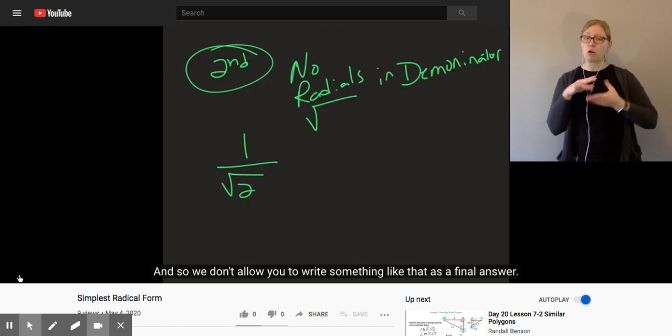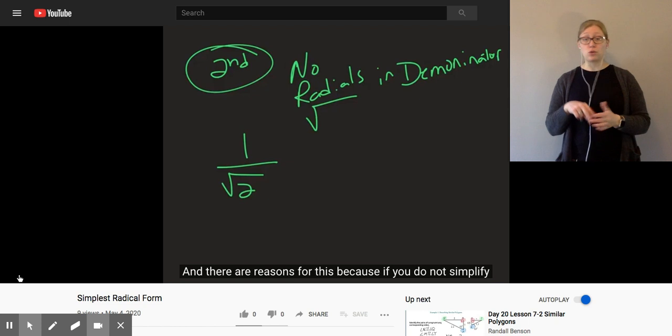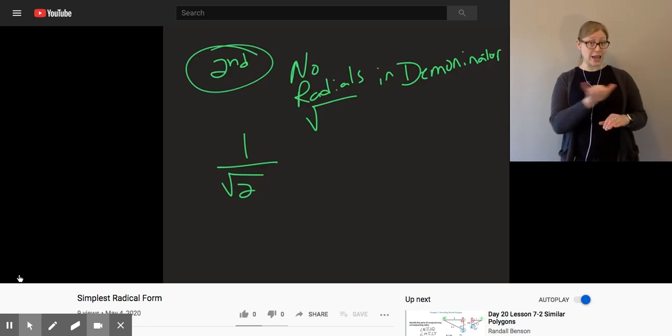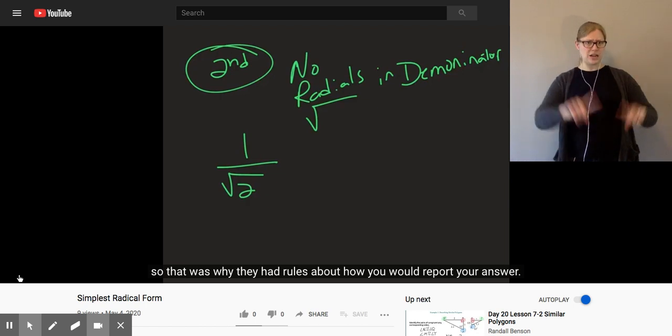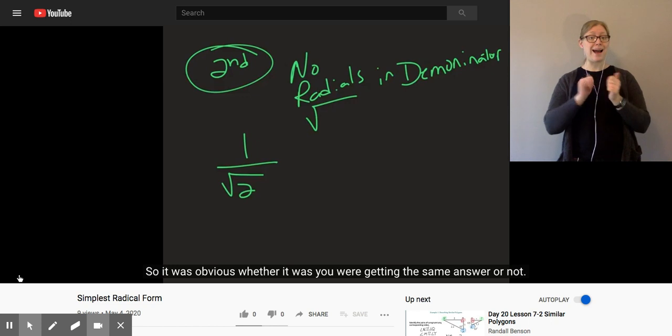And so we don't allow you to write something like that as a final answer. And there are reasons for this, because if you do not simplify, two people can do the same problem and get answers that look totally different. And so that was why they had rules about how you would report your answer, so it was obvious whether you were getting the same answer or not.